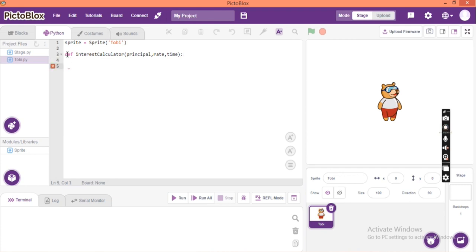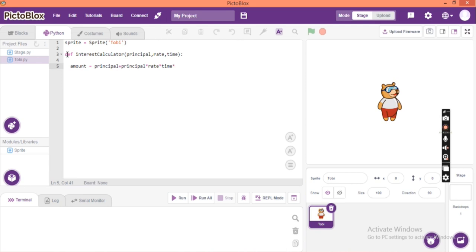And next, amount. Amount is nothing but the value: PTR by 100. So principal, and the spelling is also very important. Principal plus principal times rate times time period by 100.